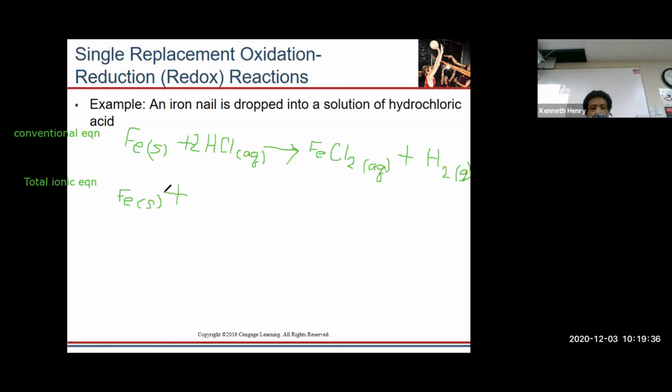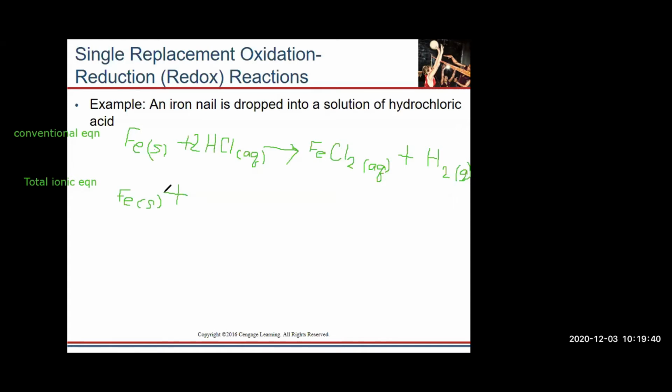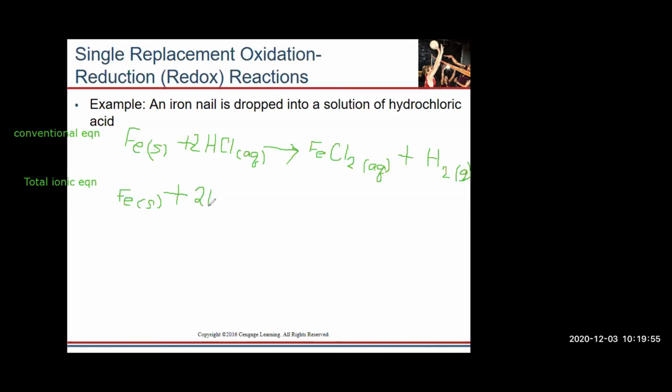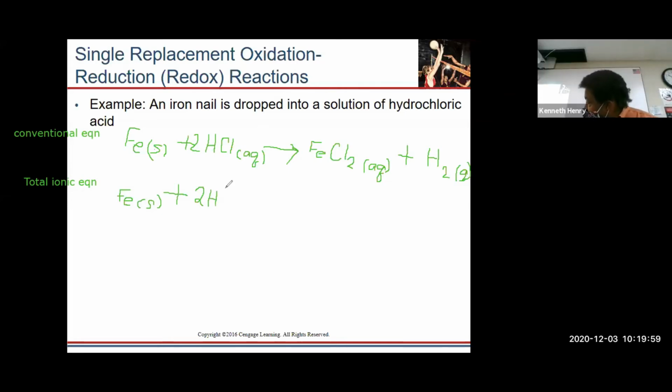Okay, what are we going to do with hydrochloric acid? Put 2H. Or is there something that we need to do with that H? Give it its charge. What is going to be its charge? Just positive. Okay, solid, liquid, gas, or aqueous?